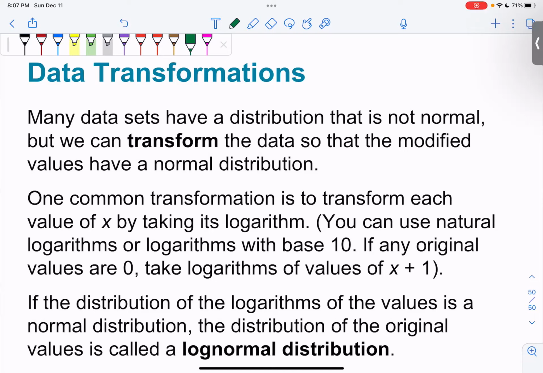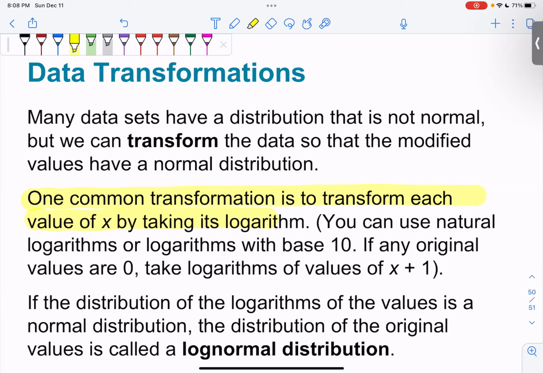What we can do next is try something else, which is to do some transformation to this data. One of the common transformations is just to take the logarithm, okay?